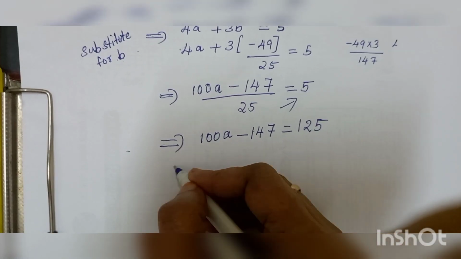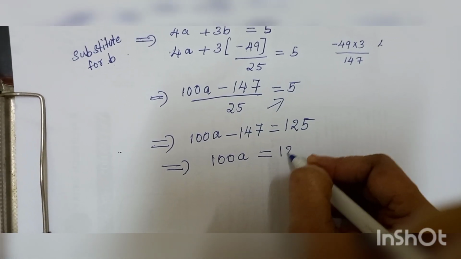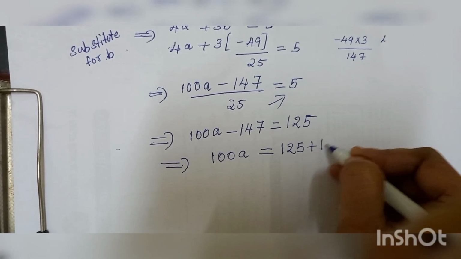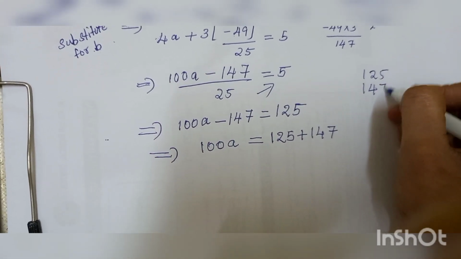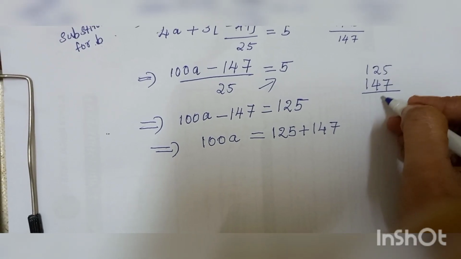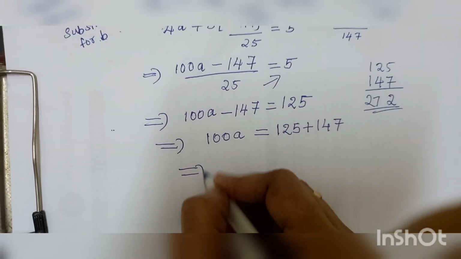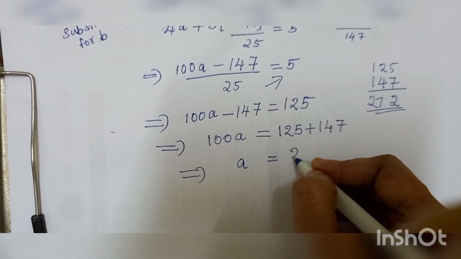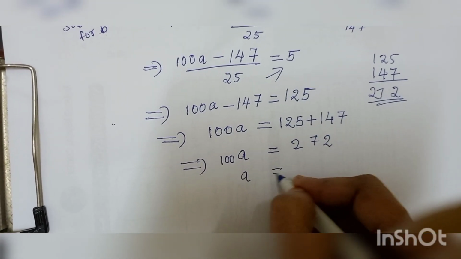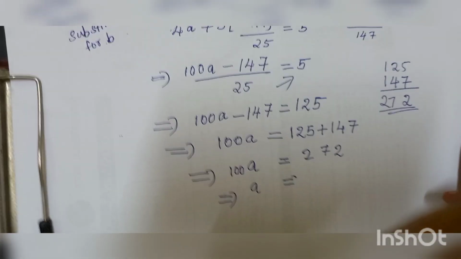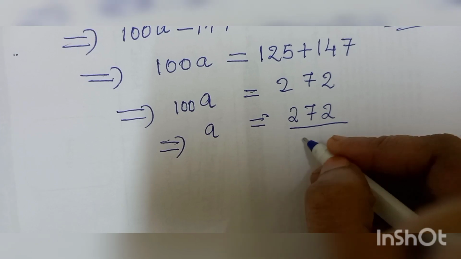So we get 100a is equal to 125 plus 147. How much is 125 plus 147? 5 plus 7 is 12, so we get 272. So 100a is equal to 272, which implies a is equal to 272 by 100.